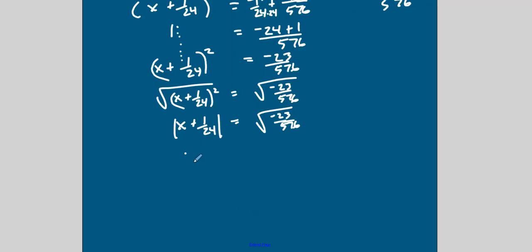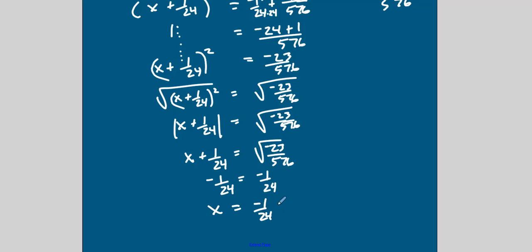Removing the absolute value sign, I get x plus 1/24 equals, I'm going to keep it still like that, negative 23 over 576. Now subtract 1/24 from both sides. I get x equals negative 1/24, and right here I should have put plus or minus because I removed the absolute value sign. So this is negative 1/24 plus or minus the square root of negative 23 over 576.